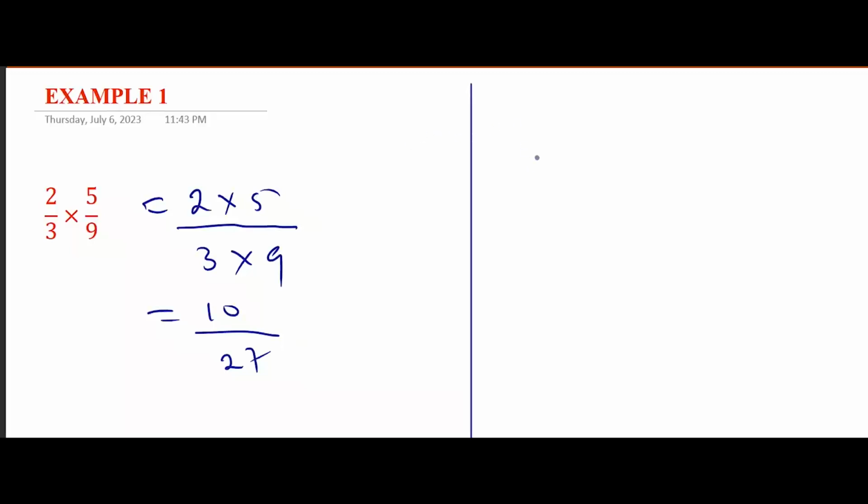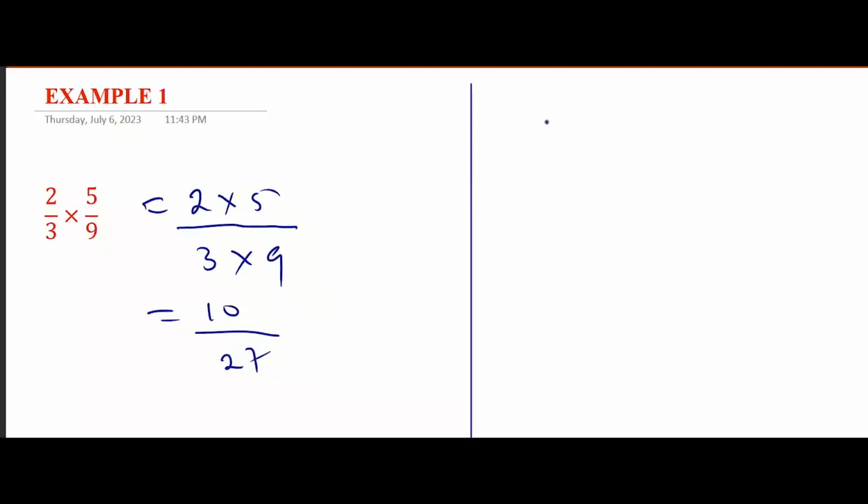So another option is to simplify the fractions if possible before you multiply the numerator by the numerator and the denominator by the denominator. So you just have to check if you could reduce a fraction. Okay, and how do you check?